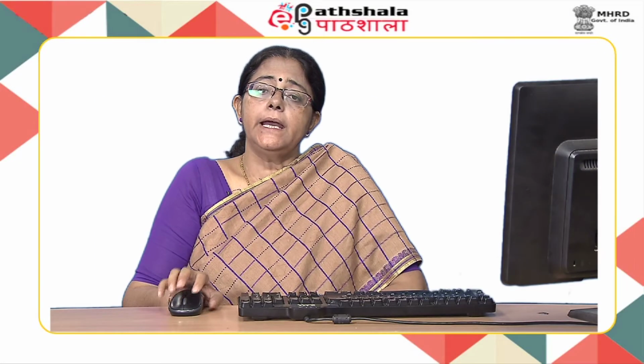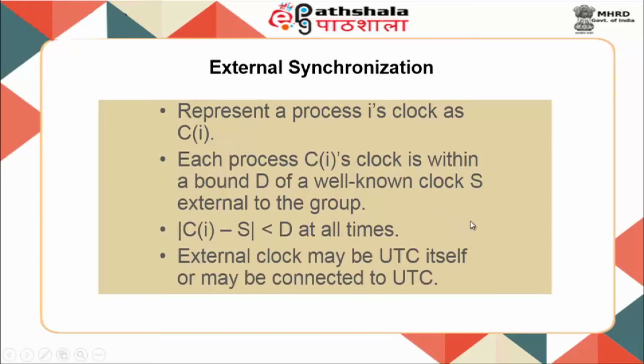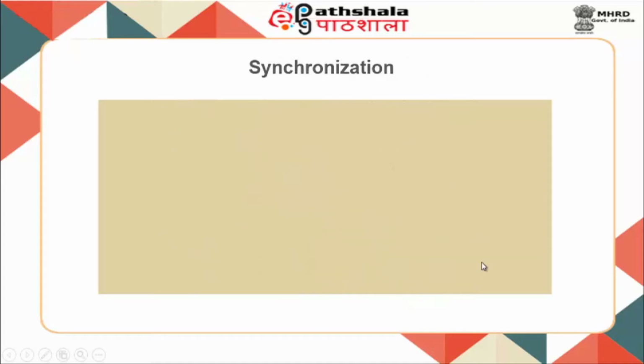So, external synchronization insists that we have a global clock or a server time, which is S, and every process's clock or every machine's clock should be within a certain value D of this global value S. This external clock may be the UTC or it may be using the UTC time.